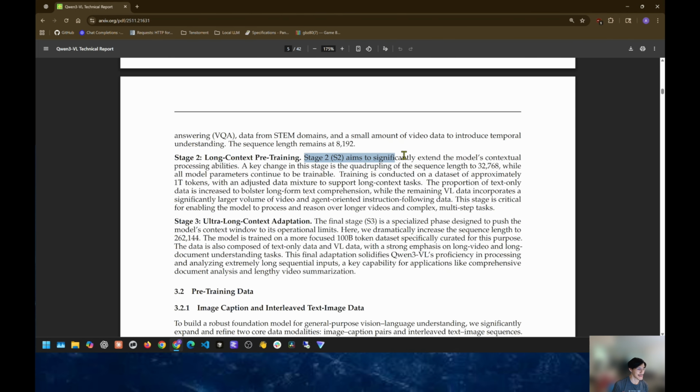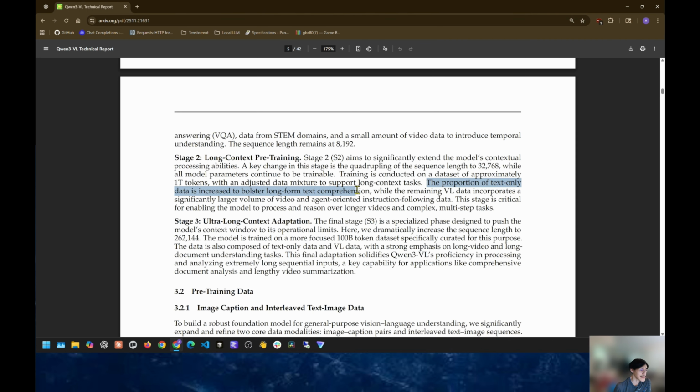Stage 2 aims to significantly extend the model's contextual processing abilities. A key change in this stage is the quadrupling of the sequence length to 32K, while all model parameters continue to be trainable. Training is conducted on a dataset of approximately 1 trillion tokens with an adjusted data mixture to support long context tasks.